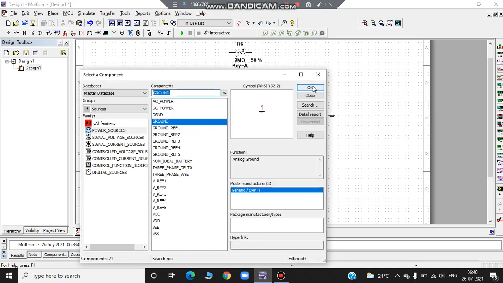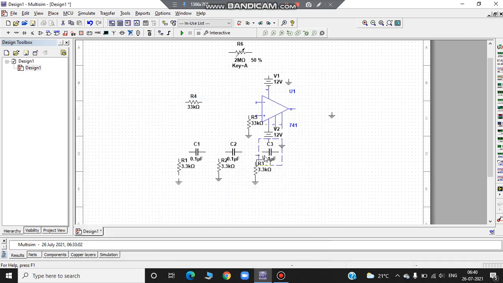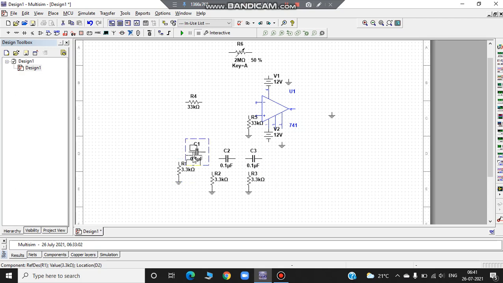And one will need it for the oscillator part, so I'll keep it before only. Now I'll make the connections.